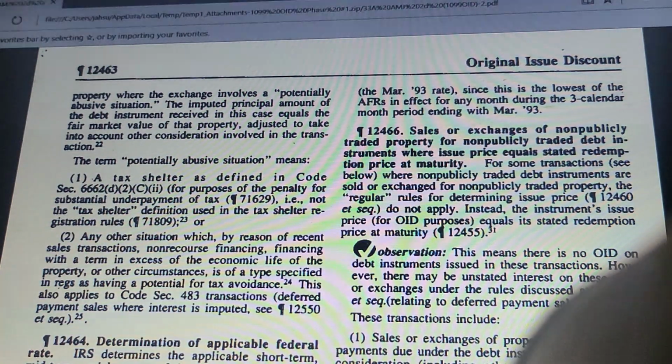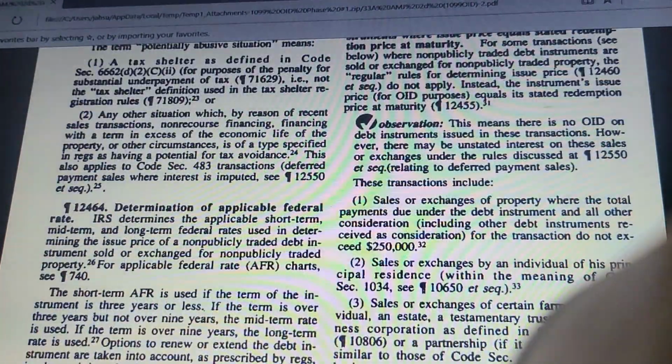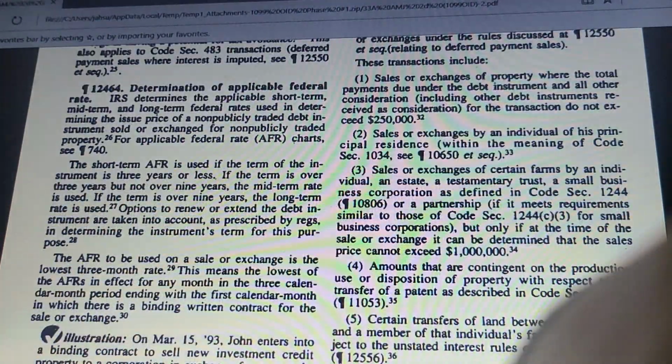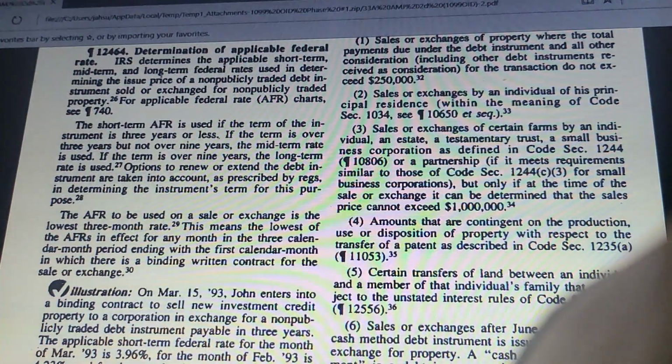These transactions include 1. Sales or exchanges of property where the total payment due under the debt instrument and all other consideration, including other debt instruments received as consideration for the transaction, do not exceed $25,000. 2.